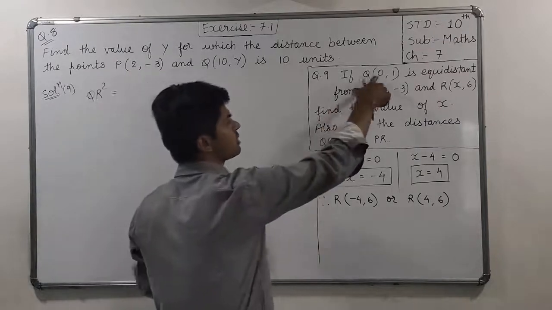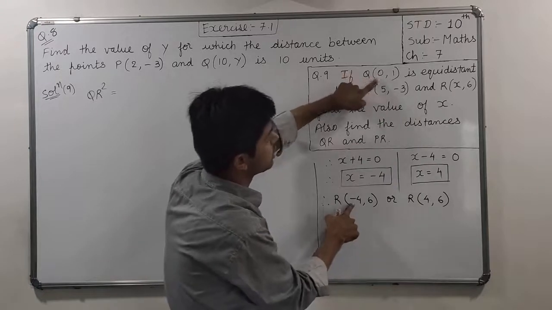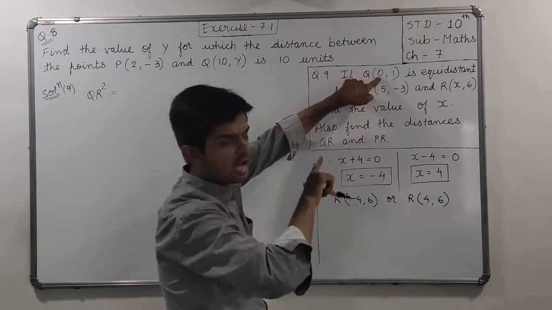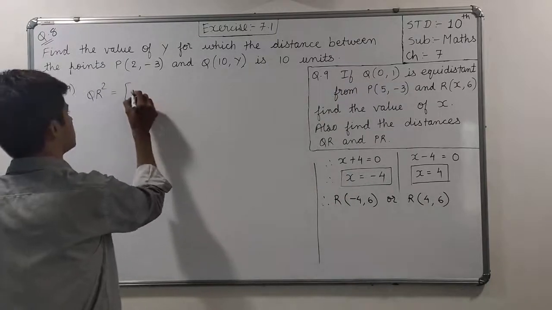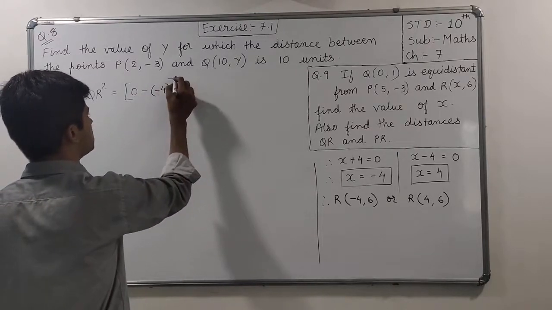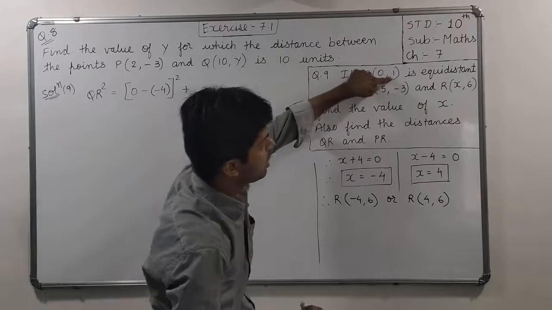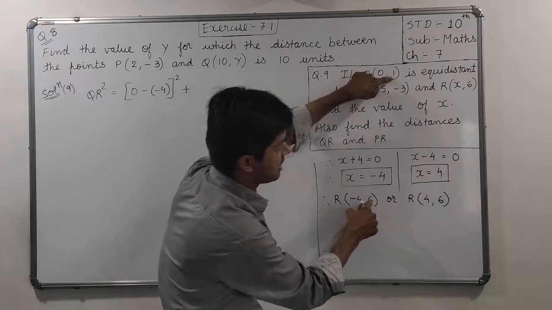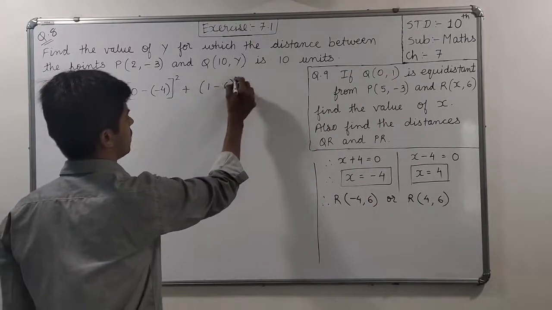Okay, what is the value of first of QR? Q is 0 and r is -4. So 0 minus, that is the sign of the formula, and -4. Understood? 0 minus bracket -4 square plus second minus second, 1 minus 6, whole square.